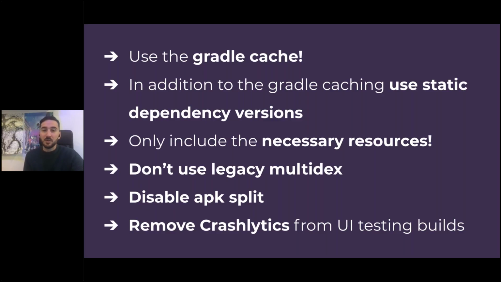The next part would be only including necessary resources. To bring an example here, let's say you are writing your UI test cases. Whenever you are writing these test cases, you would be either preparing for a single language, or you wouldn't really be using any language-dependent texts within your UI test cases, in the best case.